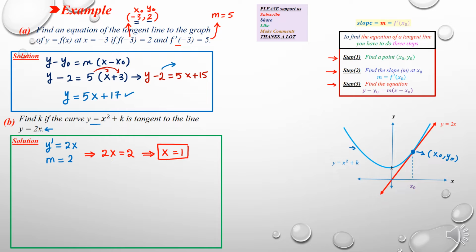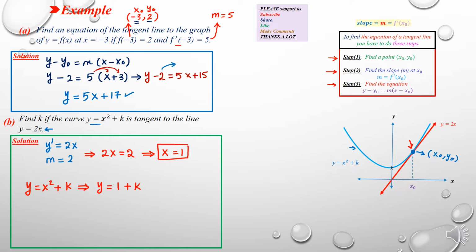Now how to use it to find the value of k? Again, since the tangency point is common between the curve and the tangent line, this means if you plug in x in the curve, it will be the same as the plug-in in the equation of the tangent line. So this is our curve, y equals x squared plus k, and if you plug in x equals 1, you will get y equals 1 squared, which is 1 plus k.